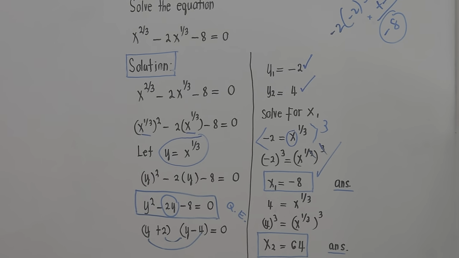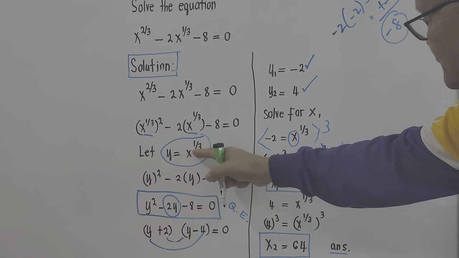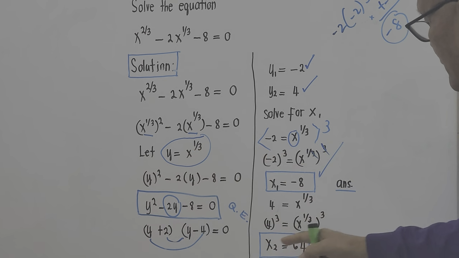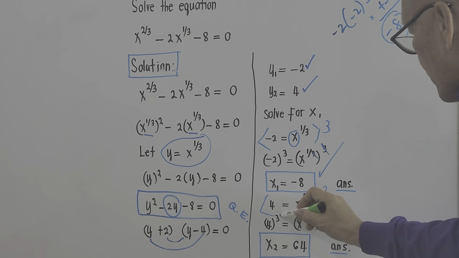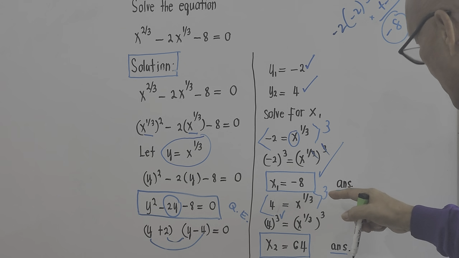Okay? What's the second value? Using the same relation here, we will substitute y to be 4. So 4 will be equal to x raised to 1/3. Again, we will raise this to the third power. 4 to the third power will be 4 cubed. And x raised to 1/3, raise it again to the third power.